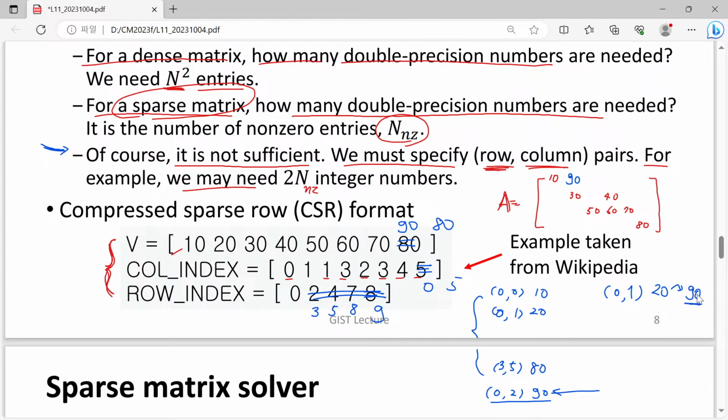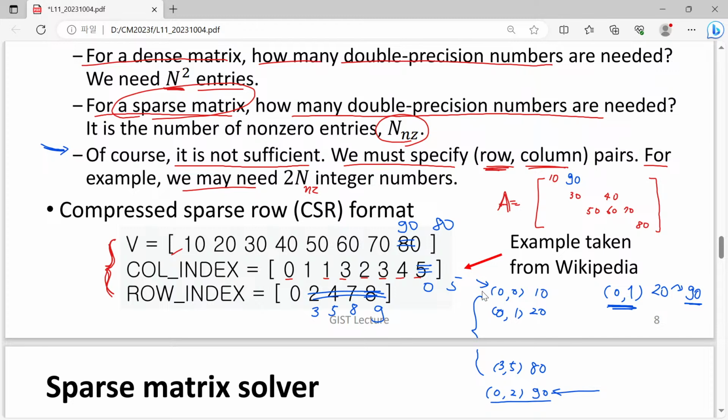Then it means that inside the matrix A, we should search and find out all pre-existing values. Then how can you do that? If we have this kind of data structure, then we have to first find out whether the component like 0,1 exists or not.